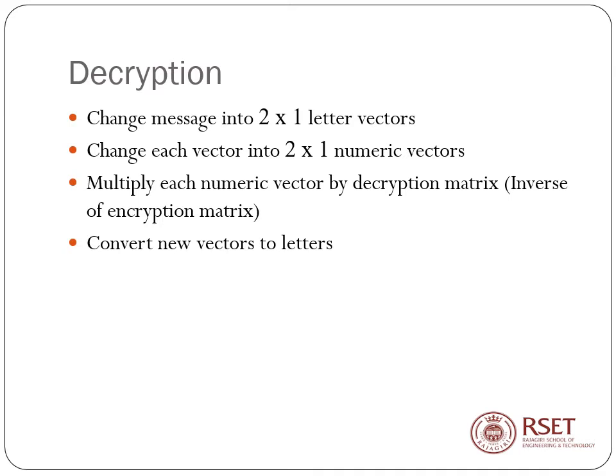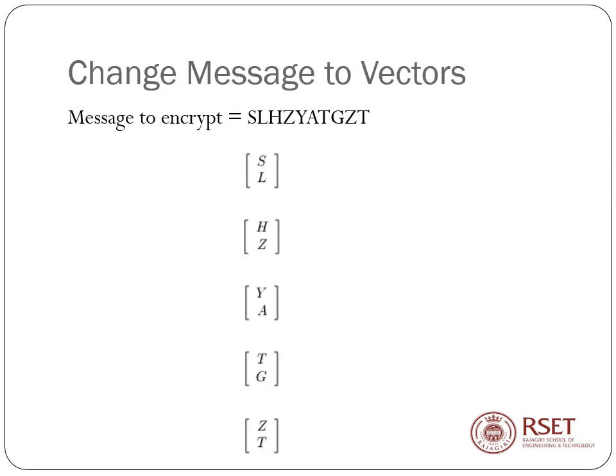Then you have to multiply each numeric vector by the decryption matrix. Remember our decryption matrix is B. What is B? You take the determinant, you check whether an inverse exists. If so, you multiply the inverse of that determinant with the adjugate of that matrix and you do a mod 26 operation, and you have B with you.